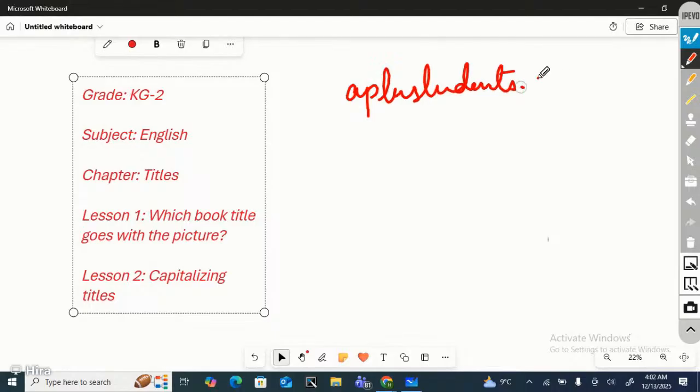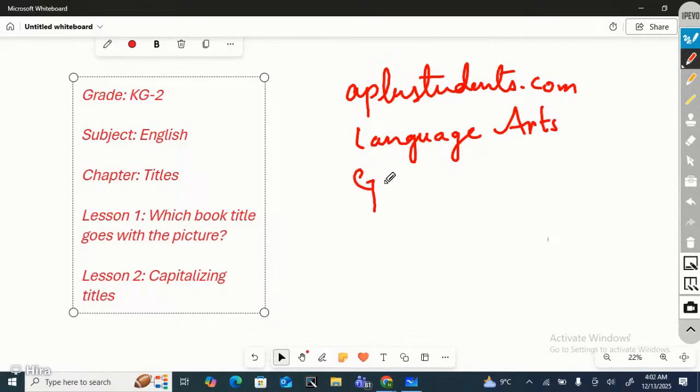Student.com first, then open the Language Arts section, and today I have selected a lesson from Grade 2. The chapter name is Titles.